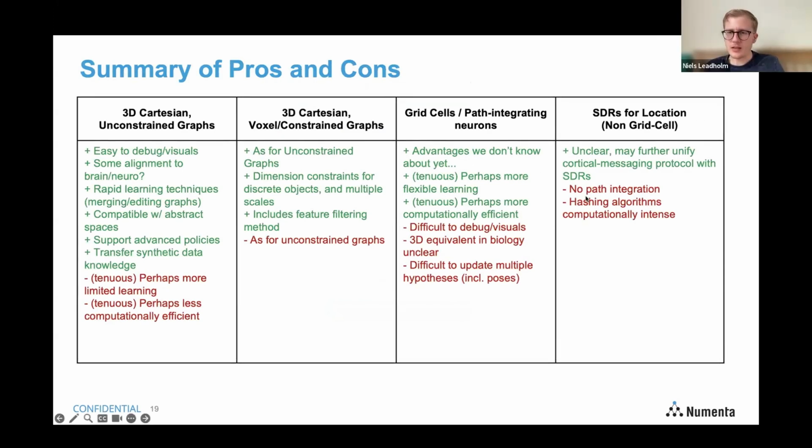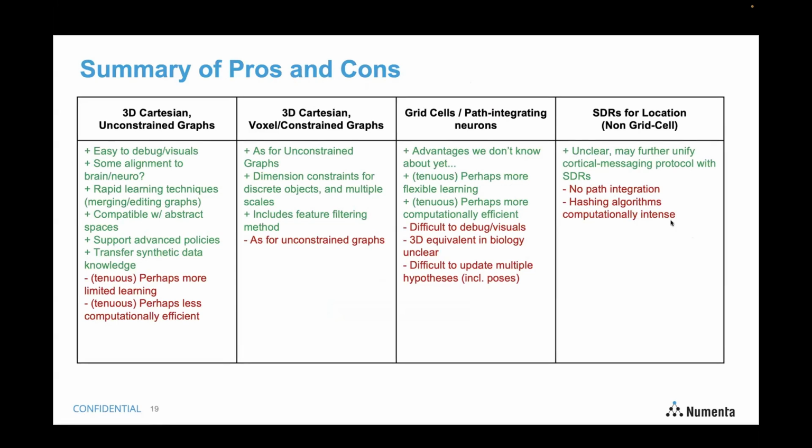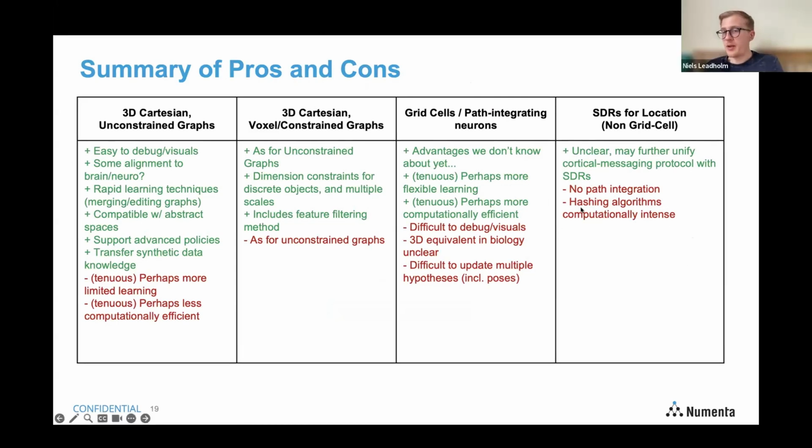Which bit is red? You mean the no path integration, or the hashing algorithms being computationally intense? Yeah, that's a fair point. Maybe this is wrong, but what I remember from Abby's project at least is that it was an extremely time-consuming process, just converting the locations into these SDRs.